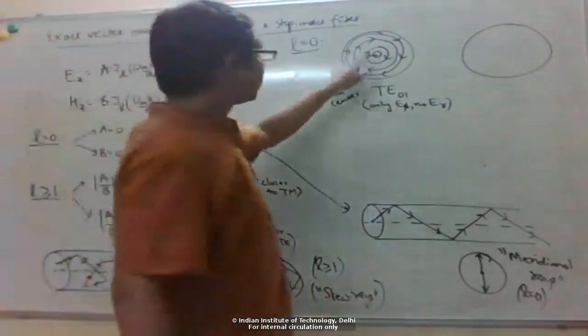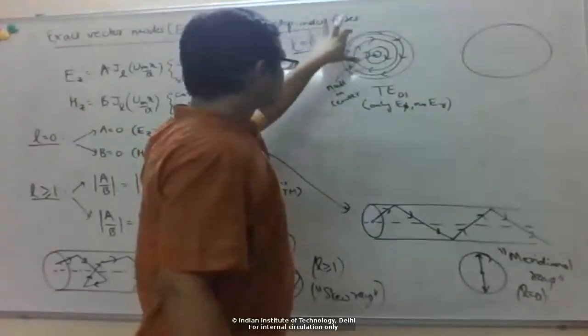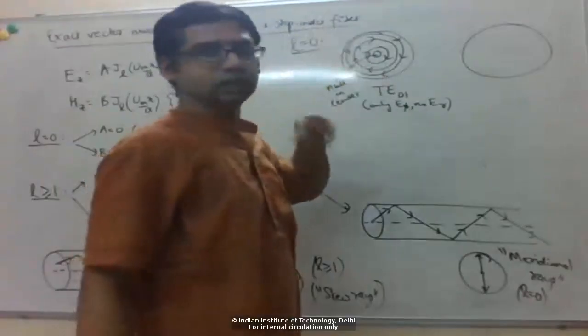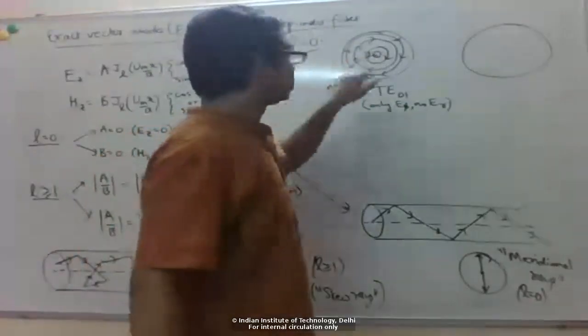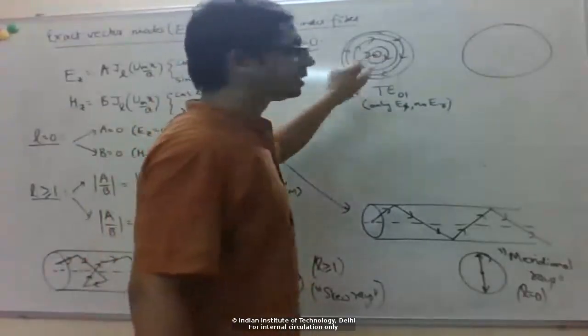And this null in the center is coming from, again, L equal to 0, where we saw that E_r and E_phi will be like J1, right? And J1, you know, has a 0 at 0. That's why you get the 0 intensity in the center.